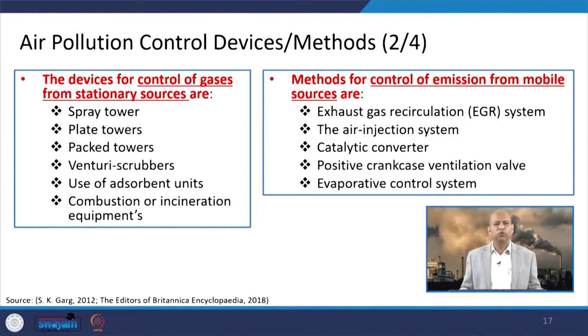Then if we talk about emission control from mobile sources, we can use the exhaust gas recirculation system (EGR), or the air injection system, a catalytic converter, the positive crankcase ventilation valve, then the evaporative control system, and they are being used in cars etc. Okay, so we will see in detail one by one.